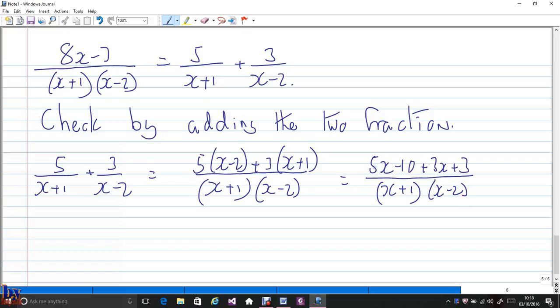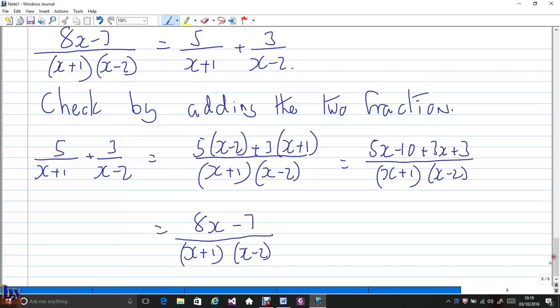If you collect the like terms, you've got 5x and 3x, that's 8x. So it equals 8x. Minus 10 plus 3 is minus 7 over x plus 1 times x minus 2. And we've checked our answer, and we now know it's right. So there's one simple example, I think, of going through partial fractions.